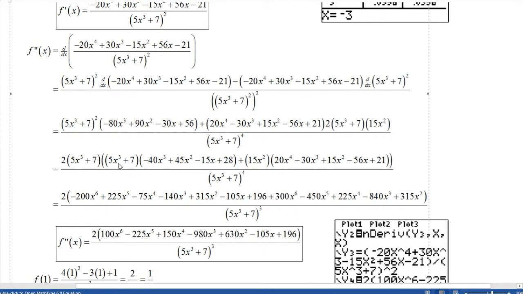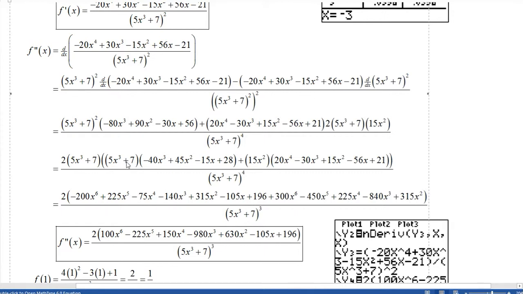Well, let's see. Here we do the distributive property to multiply this out. 5x cubed times negative 40x cubed is negative 200x to the 6th. 5x cubed times 45x squared is 225x to the 5th. 5x cubed times negative 15x is negative 75x to the 4th.